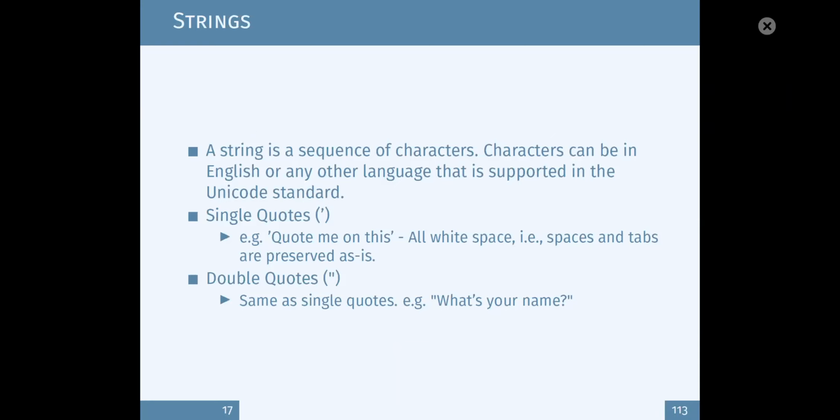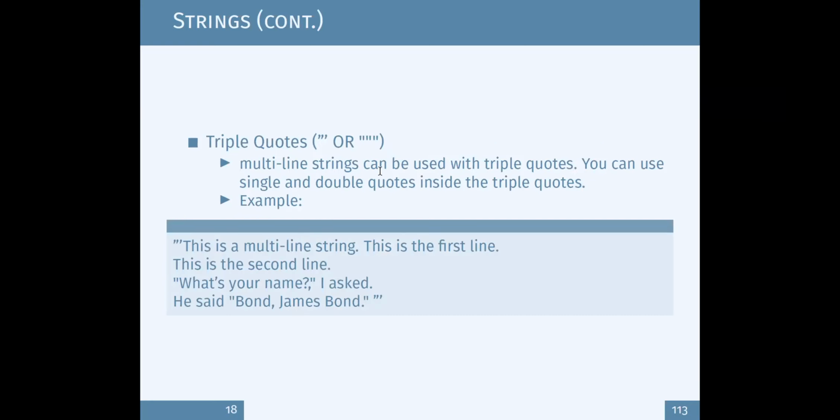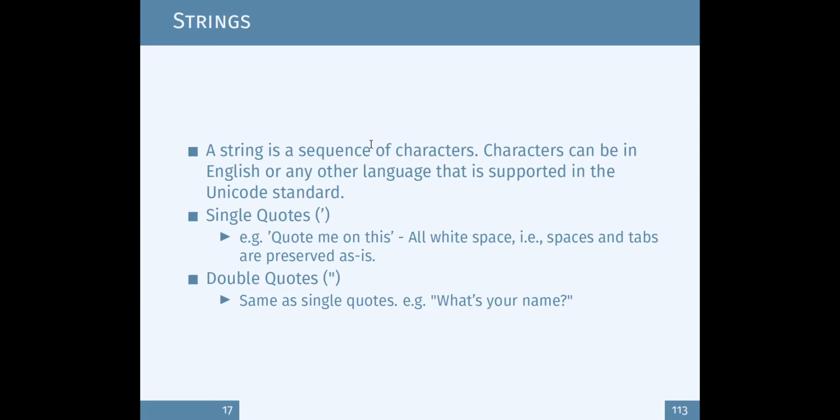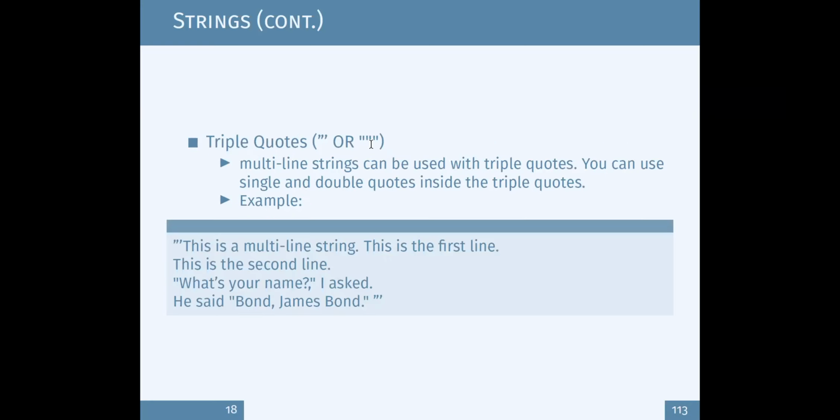Strings we discussed: you can use single quotes or double quotes, or even triple single quotes or triple double quotes. You use single quotes for one-liners. If you want to print something in a single line, use single quotes or double quotes. If you need multiple lines, then go for triple single quotes or triple double quotes.